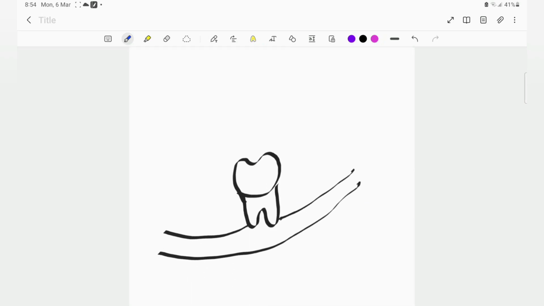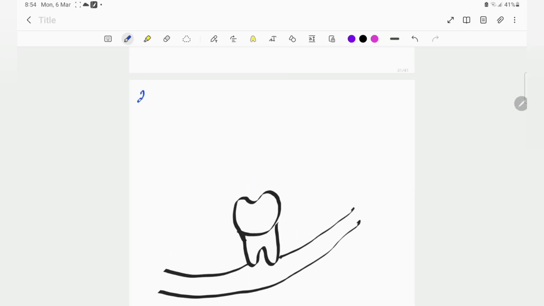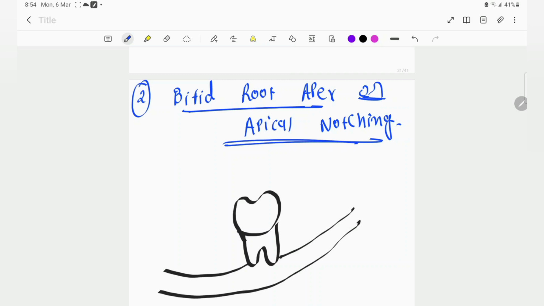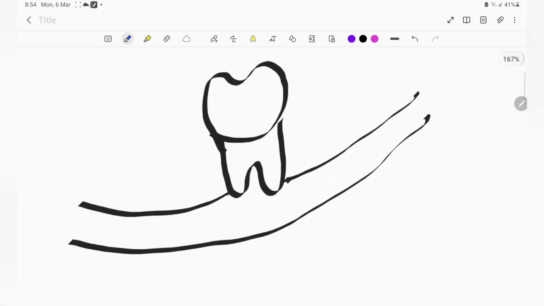Then the second condition is called bifid root apex, or we can say apical notching. Why is this a bifid root apex? In this you can see this one is nothing but your apical notch.